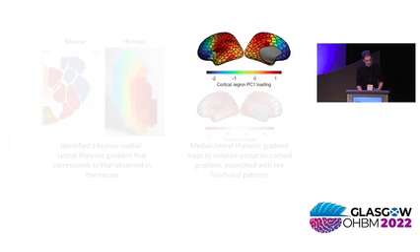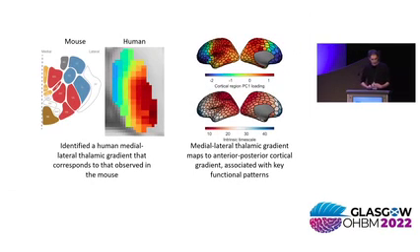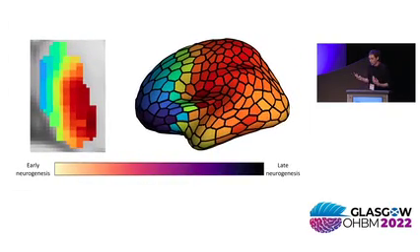So to summarize what we've just seen, we find that there is a medial lateral gradient in the human, and this seemingly captures what has been observed in the mouse. We also find that this gradient projects to distinct cortical patterns and is associated with key functional cortical patterns. It's also interesting to note that these two thalamic and cortical gradients correspond to fundamental axes of development.